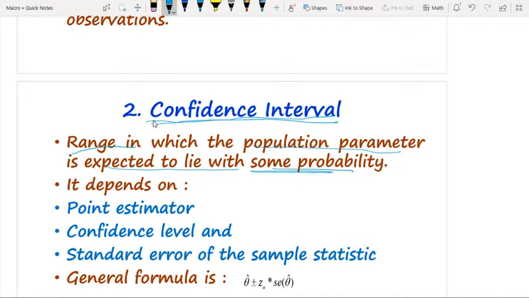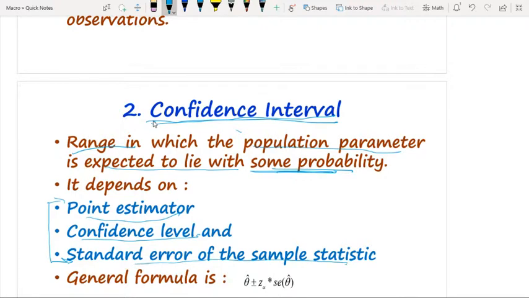So the interval estimation or confidence interval has three important components. The first one is the point estimator, the second one is the confidence level, and the third one is the standard error of the sample statistic.